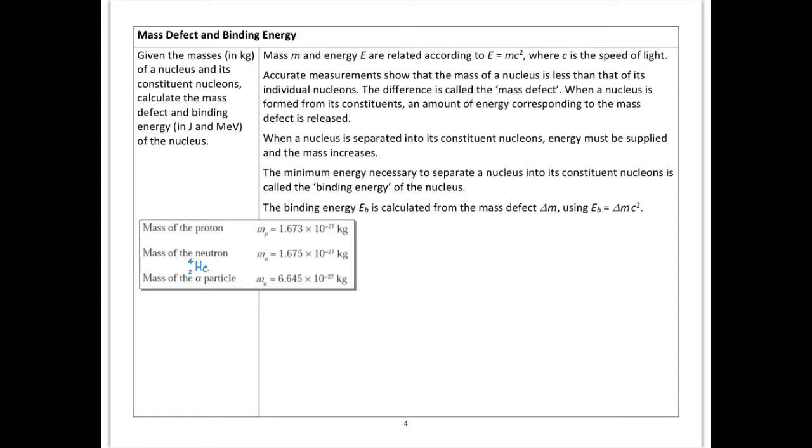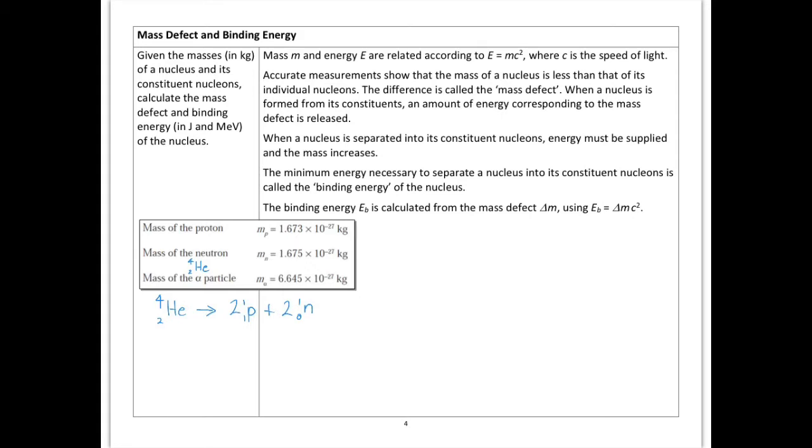So what would happen if we wanted to take an alpha particle, also the same as a helium nucleus, and split that into its constituent parts, which would be 2 protons plus 2 neutrons. So we've written a little equation, taking a helium nucleus and splitting that apart to give us 2 protons and 2 neutrons.